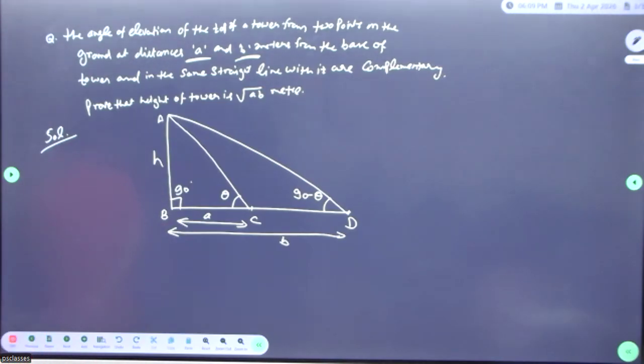When we write 90 minus theta, see, this is the angle. It seems that the angle is only theta, and theta is in minus of this. Since tan is a function, you have to apply bracket here. If the angle is in minus or something, then you have to apply bracket.